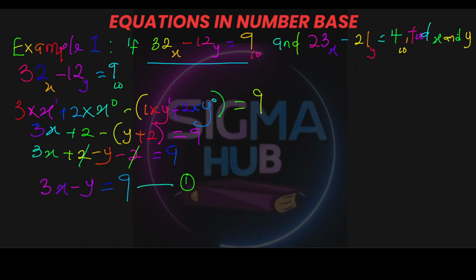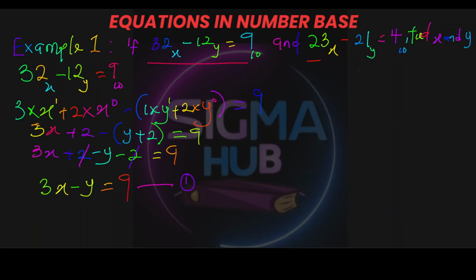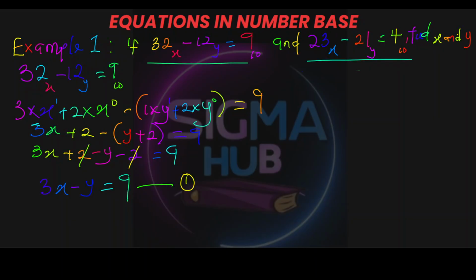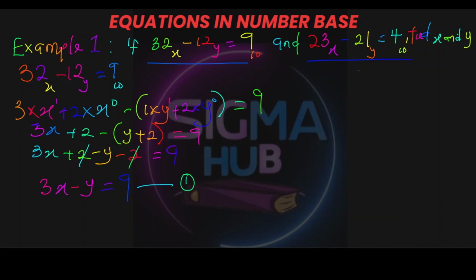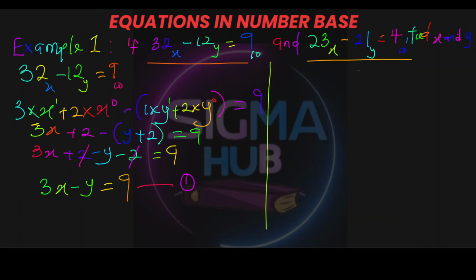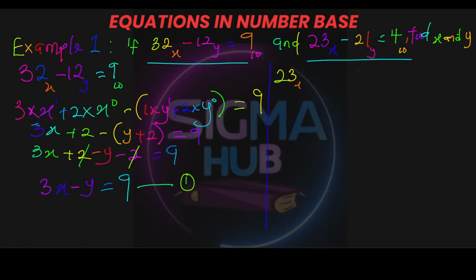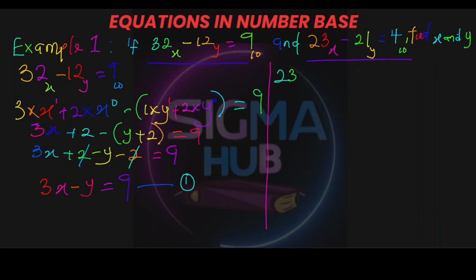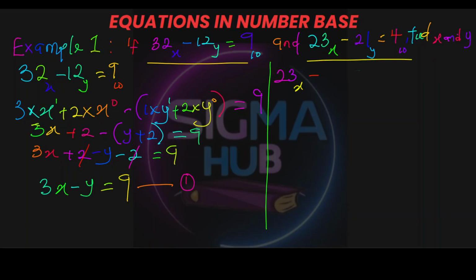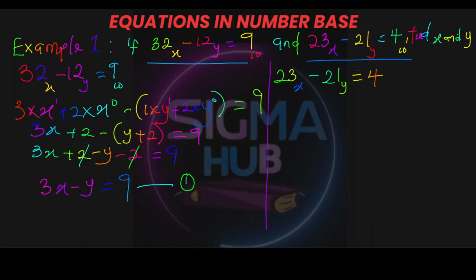Then to get the second equation, we need to do the same thing to the second equation given to us. How do we go about that? The same procedure. So let me do that beside here. So we have 23 base x minus 21 in base y equal to 4 in base 10.